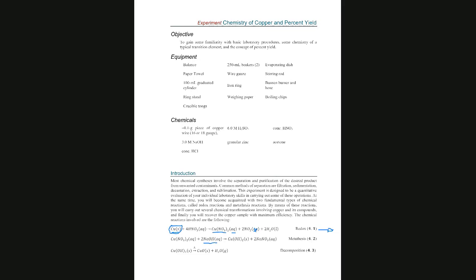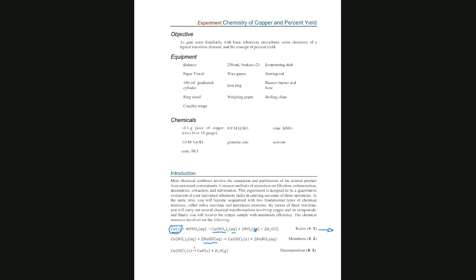And then what happens with the copper? You already learned what the oxidation number or the oxidation state of a compound is. You know that there are several rules that you will need to learn about how to find out the oxidation state of an atom.